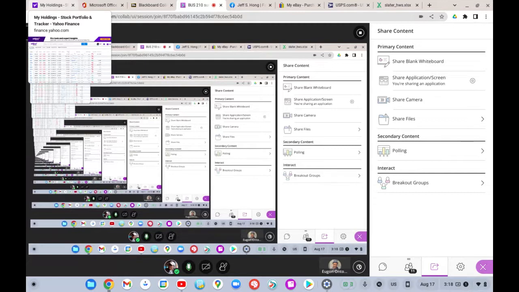Okay, maybe the screen setting will change a little. What's going on here now?